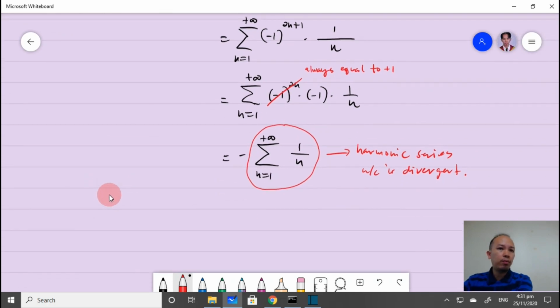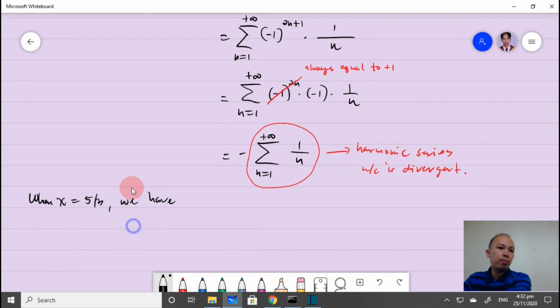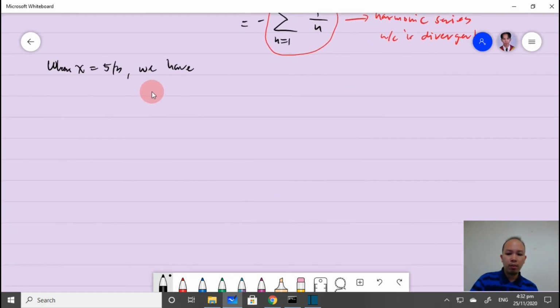Okay, so how about when x is 5 over 3? So we have here summation of negative 1 to the n plus 1 times, again, replace x by 5/3, times 5/3 to the power of n times 5 to the n.